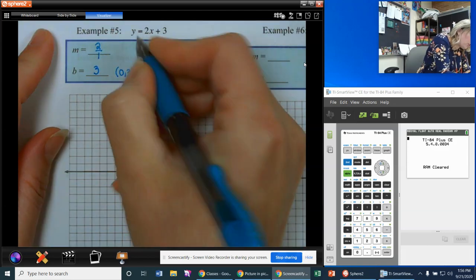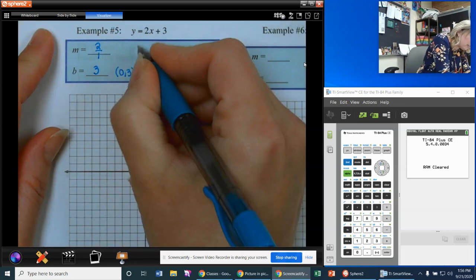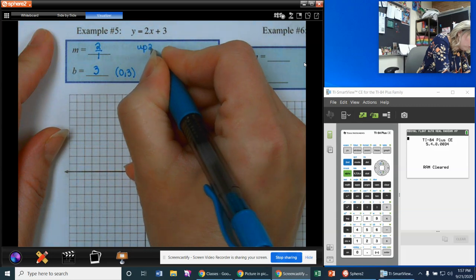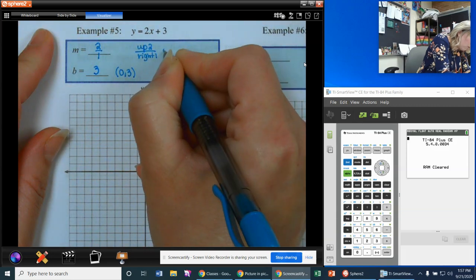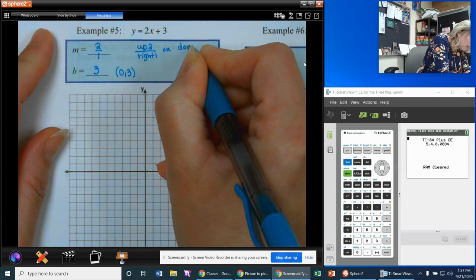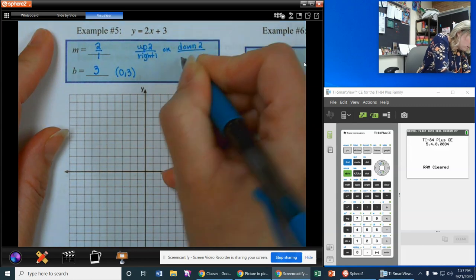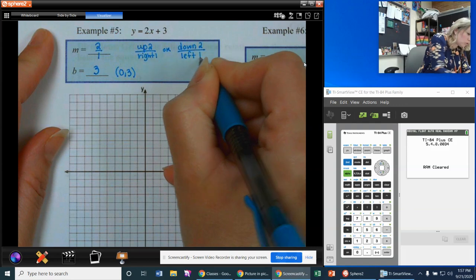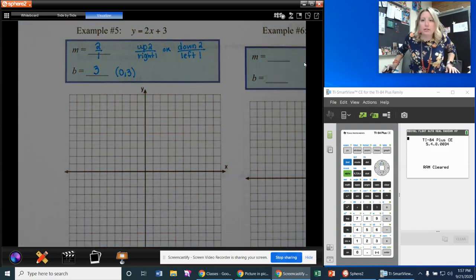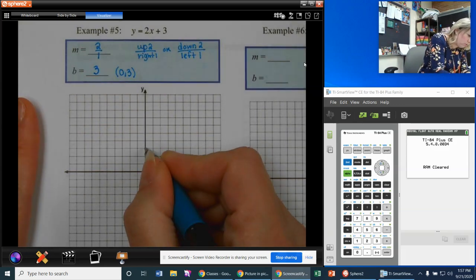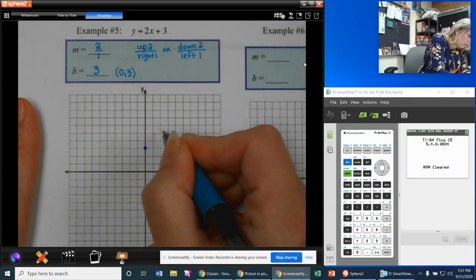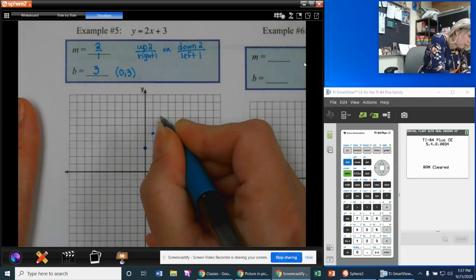Now my slope, being 2 over 1, indicates that I go up 2, right 1, or down 2, left 1. So we're writing that out because we're just reminding ourselves that this is how we graph these lines. From 0, 3, up 2, right 1, up 2, right 1.